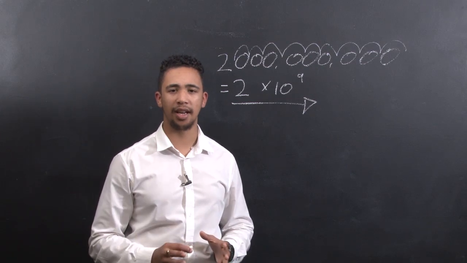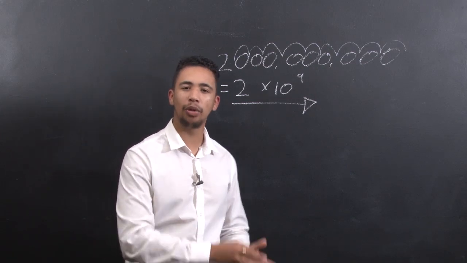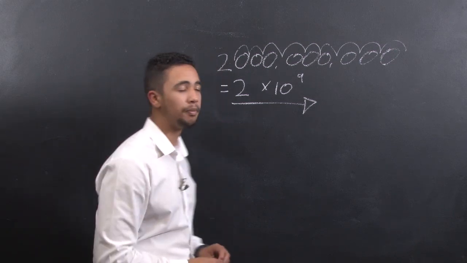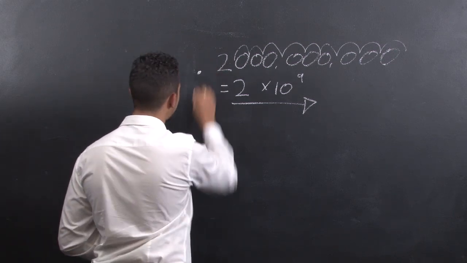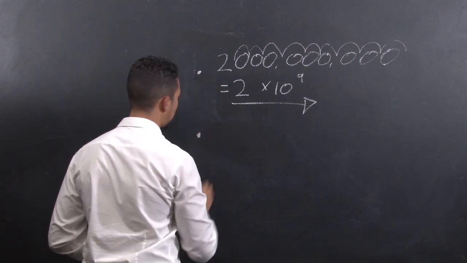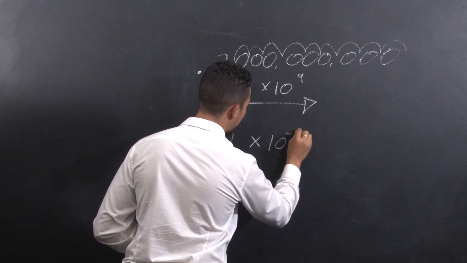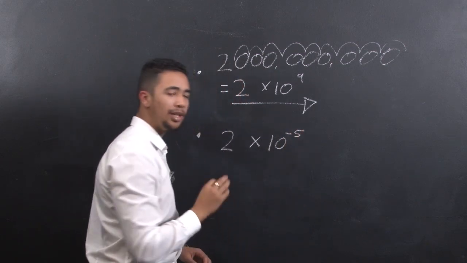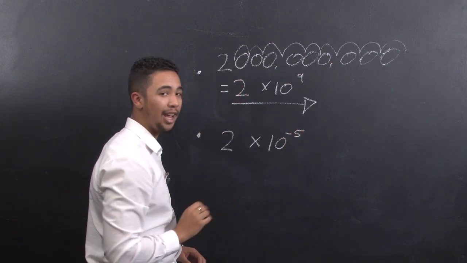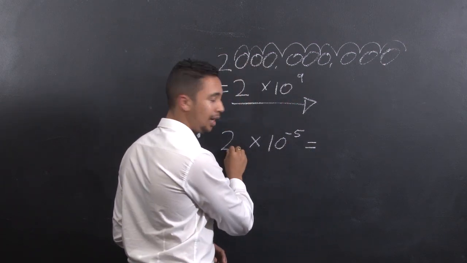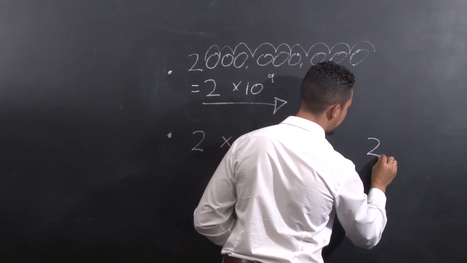On the other side of the scale, we could have very small numbers, less than 1. Let's take a look at this example. So that was example number 1. Example number 2: 2 times 10 to the power of negative 5. Don't let this negative 5 scare you. Write your 2 on the right side.